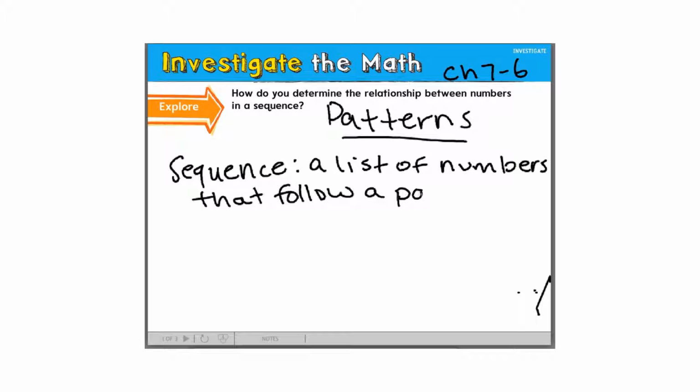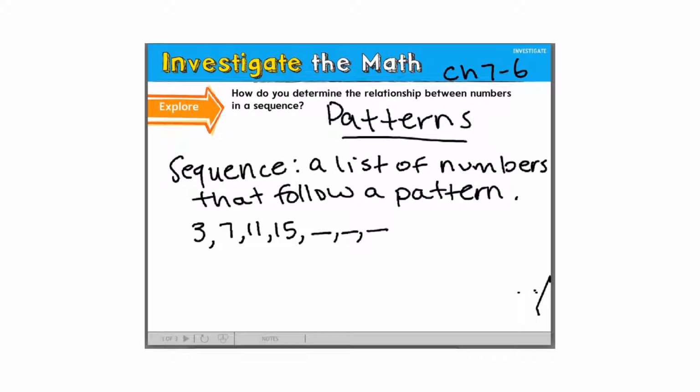So what we've seen before, which I told you we've seen patterns before, if you see something like 3, 7, 11, 15, blank, blank, blank, they might ask you, find the next 3 numbers in the pattern.